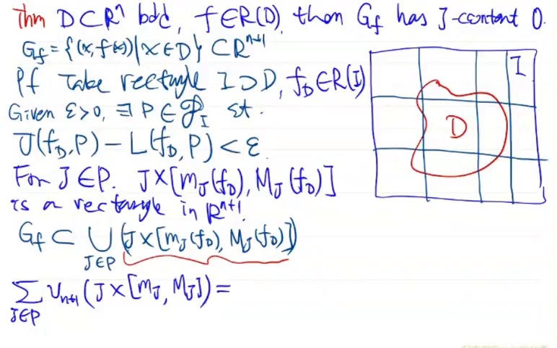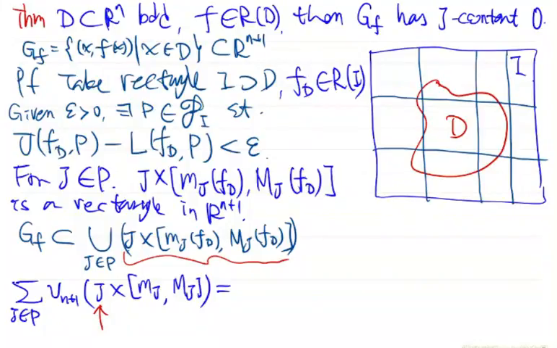because the volume of a rectangle is the multiplication of the lengths of all its edges. So the first n edges are the edges of J. So the multiplication of the first n edges of this n+1 dimensional rectangle is the multiplication of all the edges of J. Therefore, this is the volume of J, the n-dimensional volume, because J is an n-dimensional rectangle.